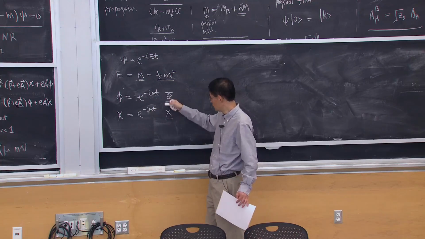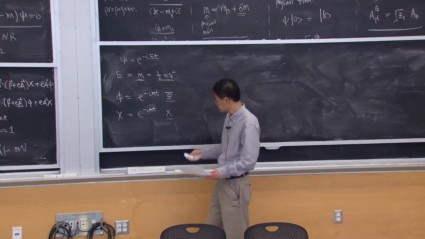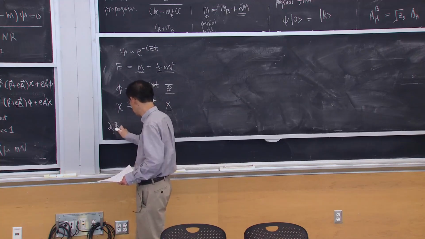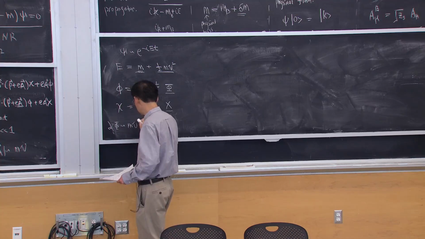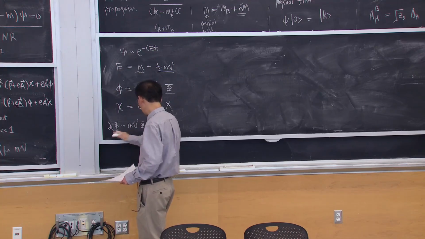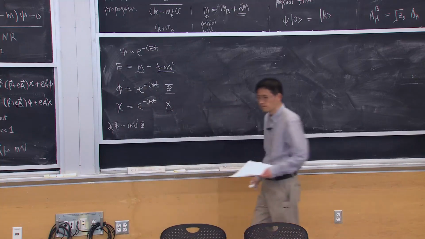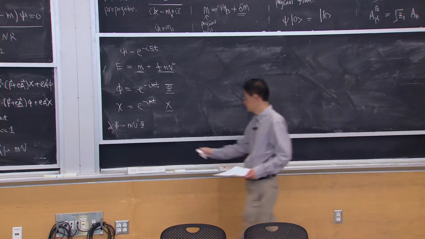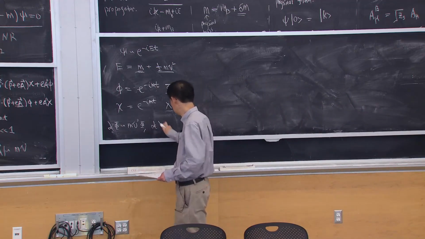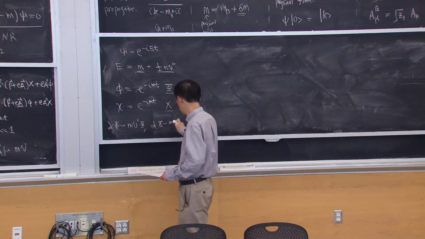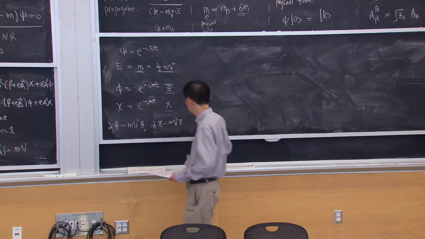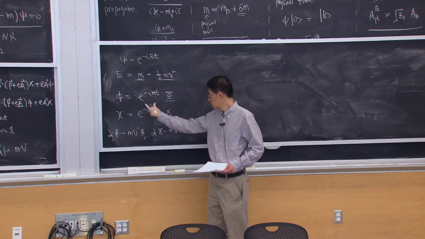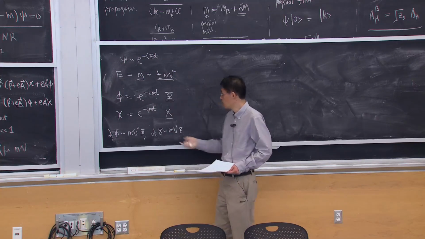The time dependence here only includes the low energy part, so we assume that partial t phi is of order mv squared times phi, similarly for chi. This is the fast oscillating part in time, and this is the slow part in time.